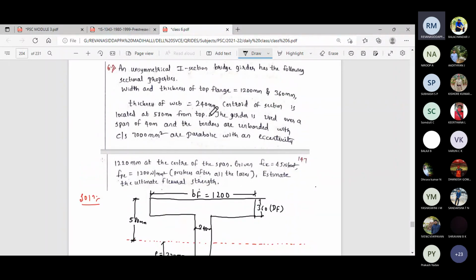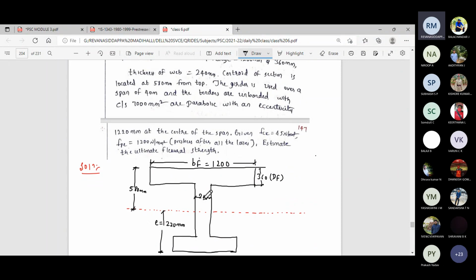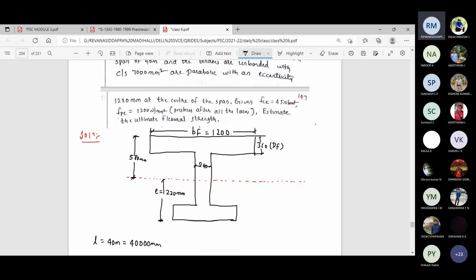Then thickness of the web is given as 240 mm. Okay, 240 mm thickness I have mentioned here. Centroid of the section is located at 580 mm from top.